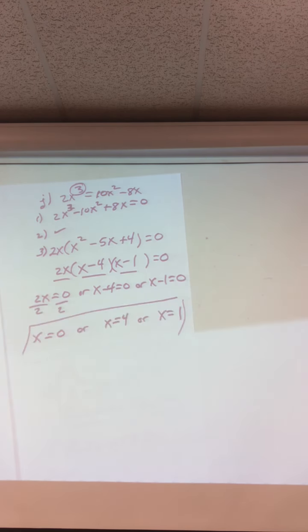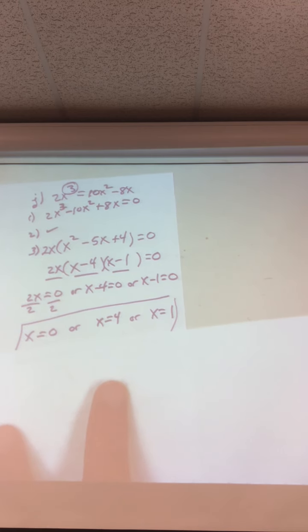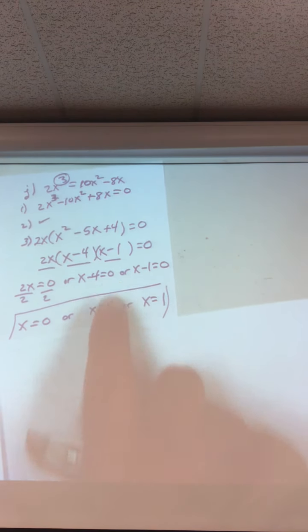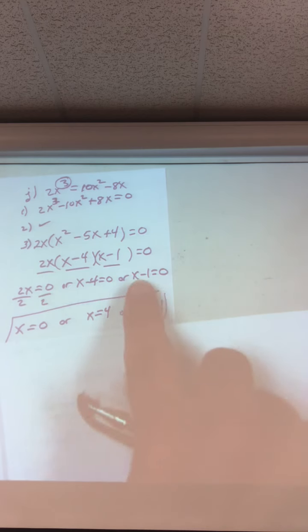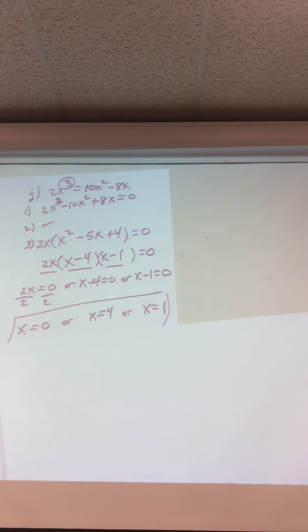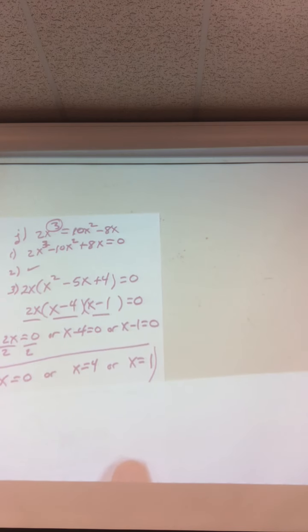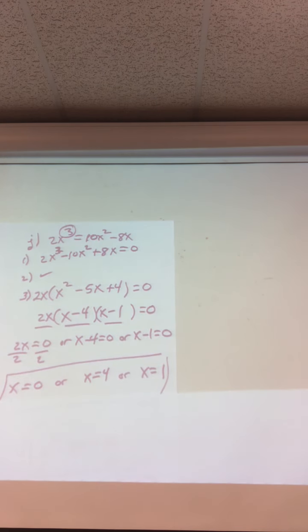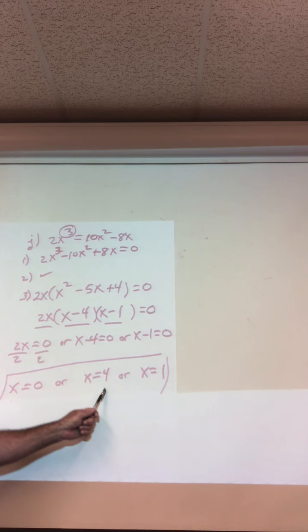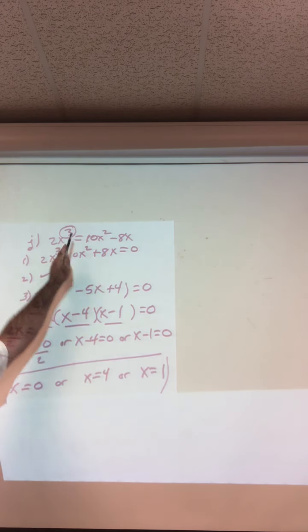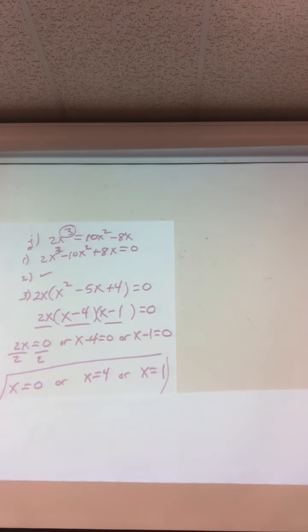You're still going to get 0. Here, add 4 to both sides to get positive 4. Add 1 to both sides to get positive 1. So I get 3 solutions to this cubic equation, 0, 4, and 1, which I expected, 3 solutions.